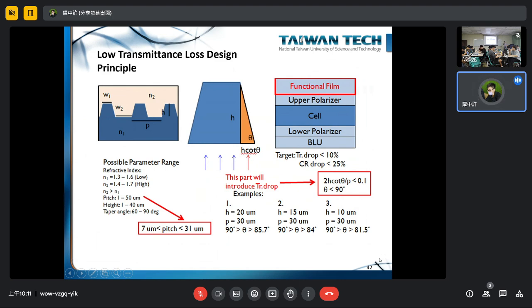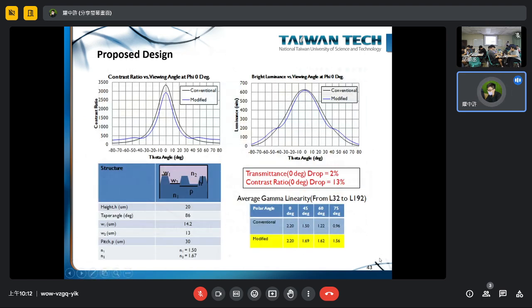That way we can average the light difference in the large angle direction, so that the difference between what you see in the normal direction and the large angle direction will be reduced. This is the summary of the evaluation. Usually we have a light profile going like this.